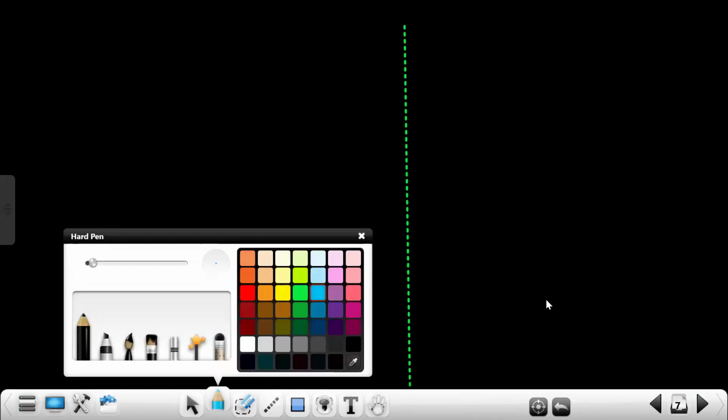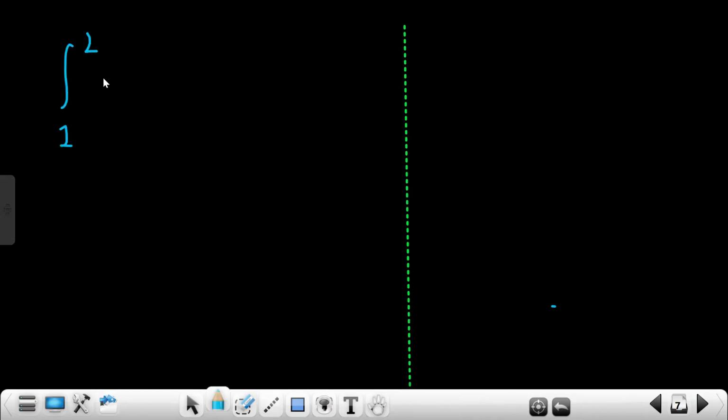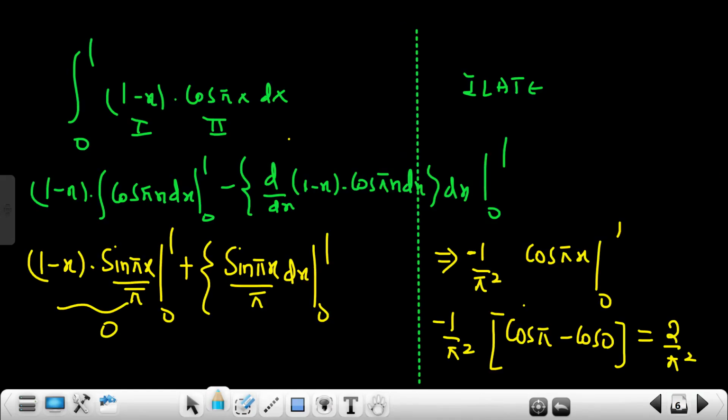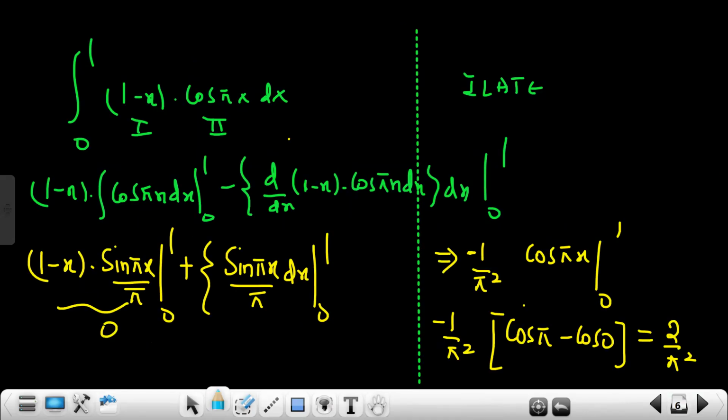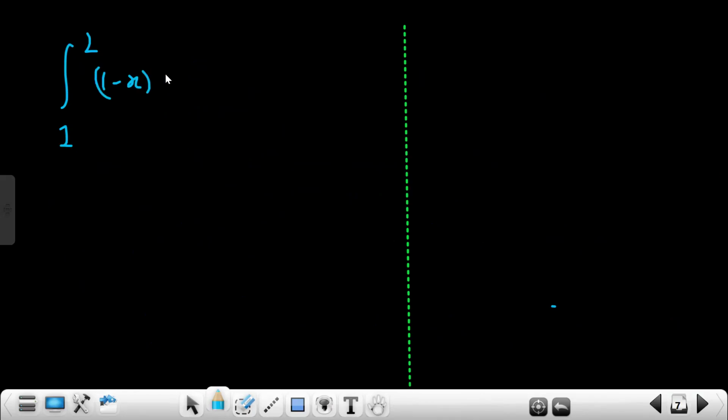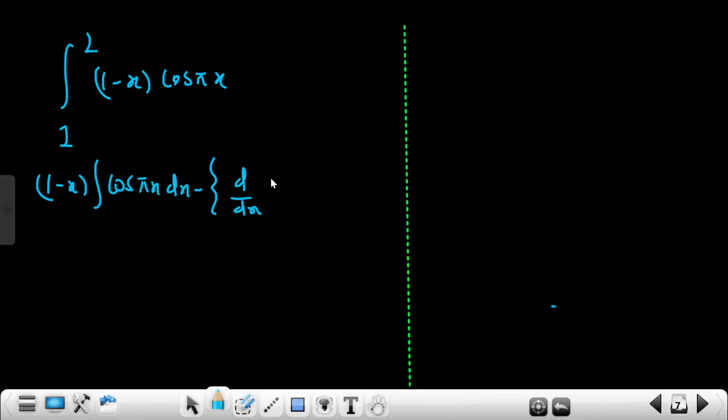Now, the second integration was from 1 to 2 of f(x). f(x) was (1 minus x) cos pi x. So again, we will use that ILATE only. (1 minus x) times the integral of cos pi x dx, minus d/dx of (1 minus x) into the integral of cos pi x dx, whole dx.